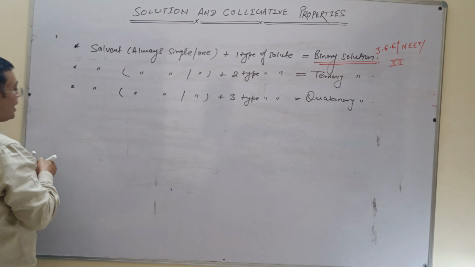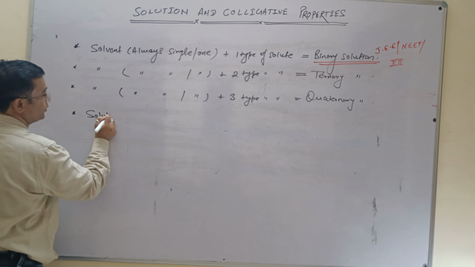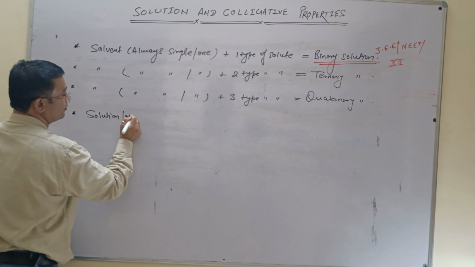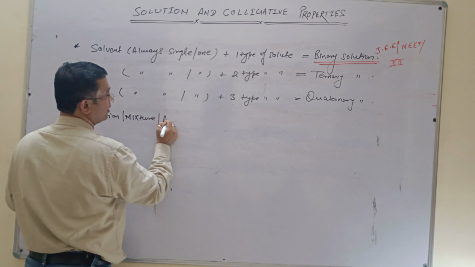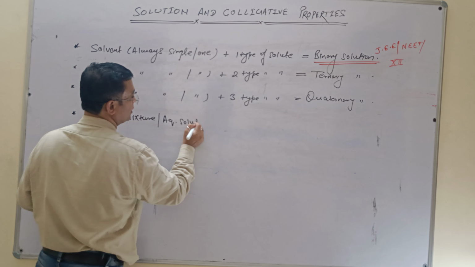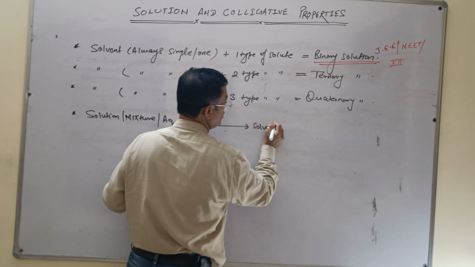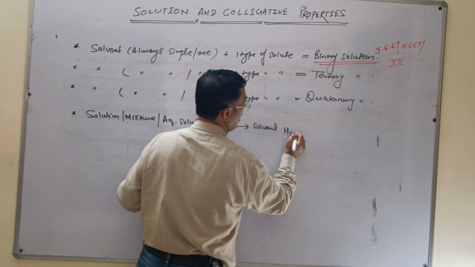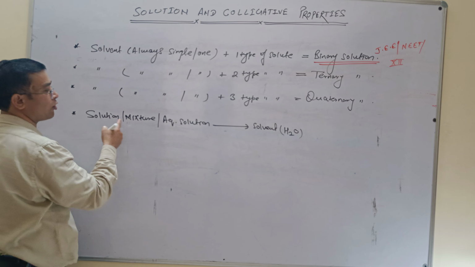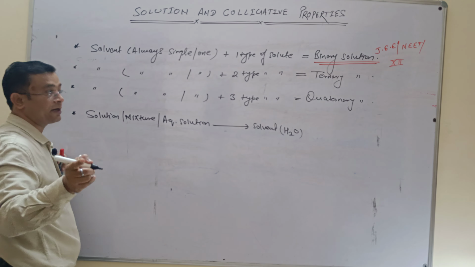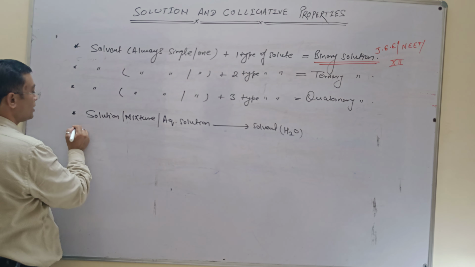If in a question the term solution or mixture or aqueous solution is mentioned, then the solvent component is always water. If the term aqueous is not mentioned, only solution or mixture is mentioned, then you should always understand in a numerical that the solvent component is water.